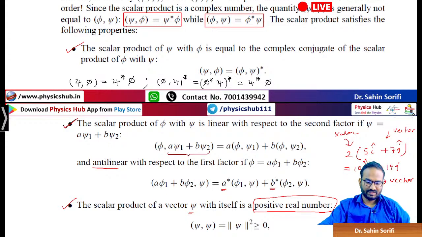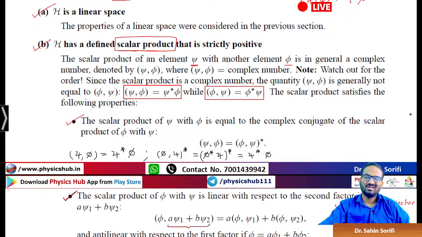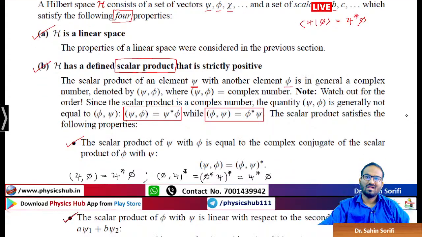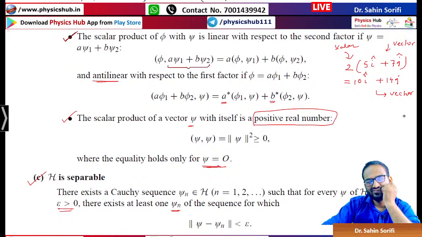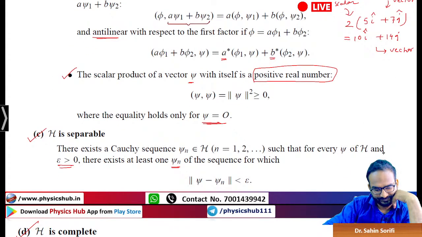When you teach, you are using the word ठीक है. What is ठीक है?